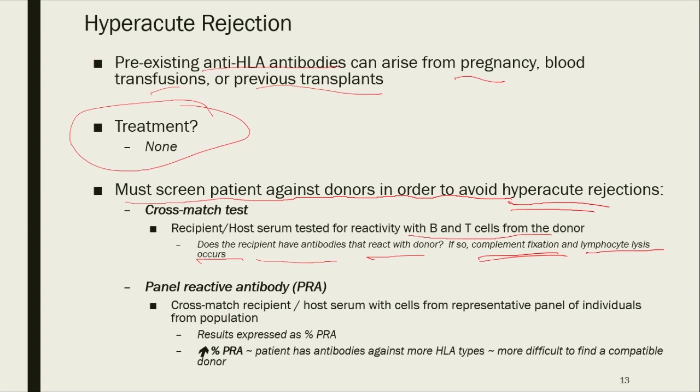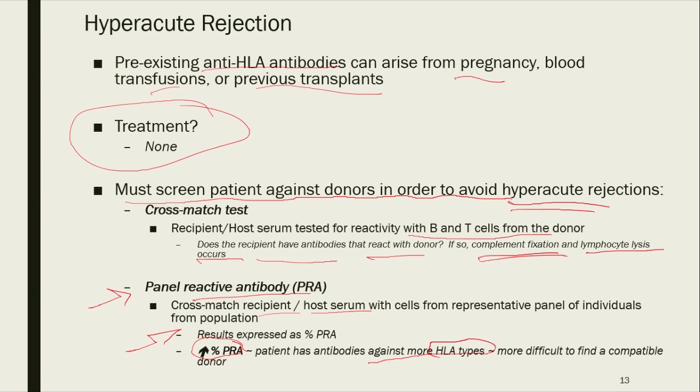And we can also look at the panel-reactive antibody. Okay, we're cross-matching the recipient serum with cells from a basic representative panel of individuals. So we're looking at how much of these panel-reactive antibodies exist. And the higher the percentage is, that means the patient has antibodies against more HLA types.